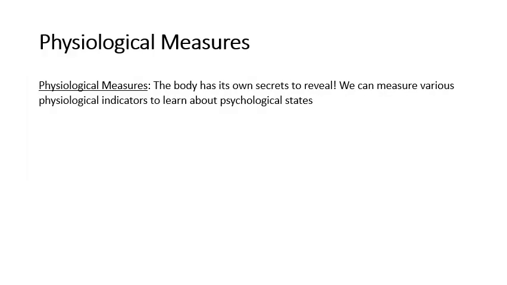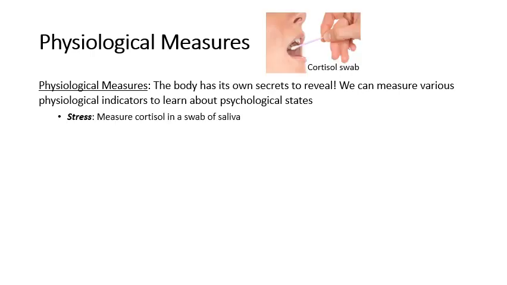The second way we can measure our dependent variable, or any variable, is through physiological measures. The body has its own secrets to reveal. We can measure physiological indicators to learn about psychological states. So, for example, we can measure stress through a swab of saliva. And cortisol is a hormone produced in the pancreas that rises when a person is experiencing stress.